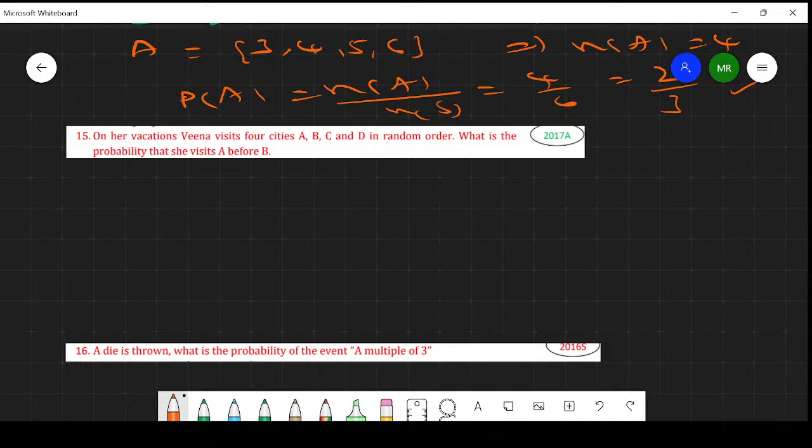Check here, total 4. So what are the sample points? The number of sample points will be from the given 4 places, right? What are the possible outcomes? Total 4 places I can write.